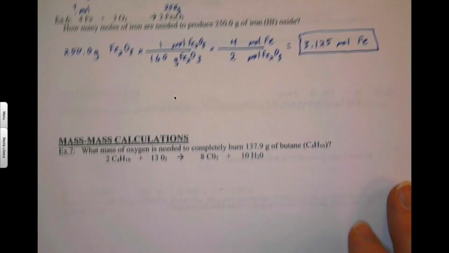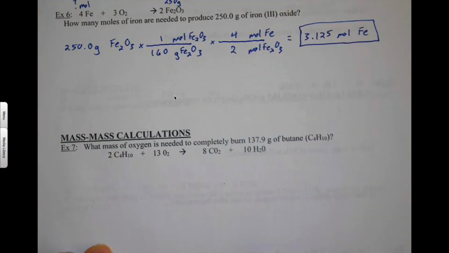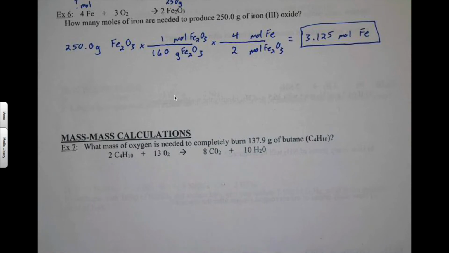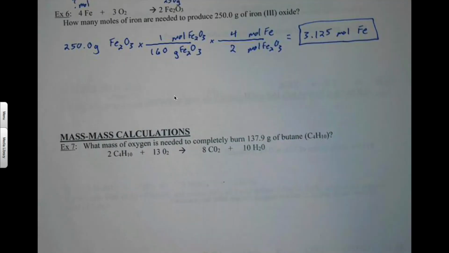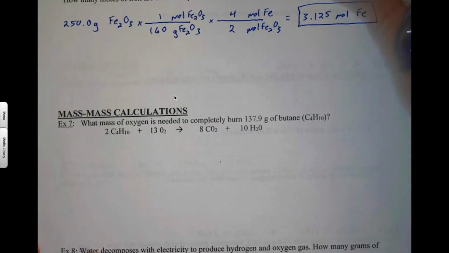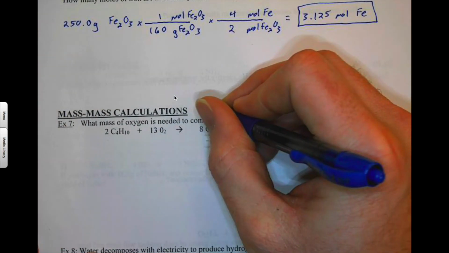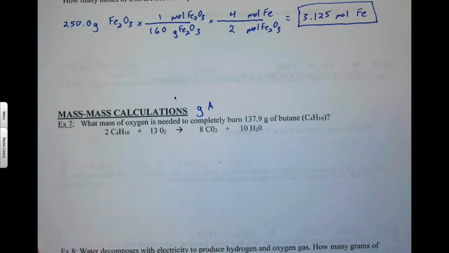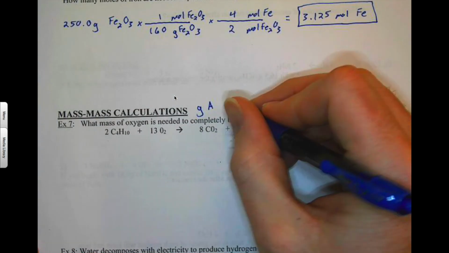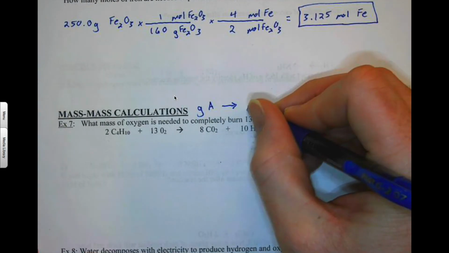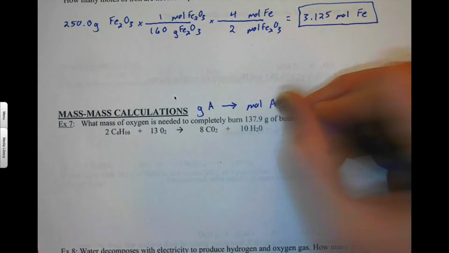All right. Now, the last little bit, we need to add one more step. So what if we're given mass and we want to find out mass? Well, we're just going to have to add one more conversion factor in there. Okay? So this is what we'll do the most frequently, where you'll start with the grams of a substance. We'll just call it A. And you're going to have to convert it into moles of your substance A, right?